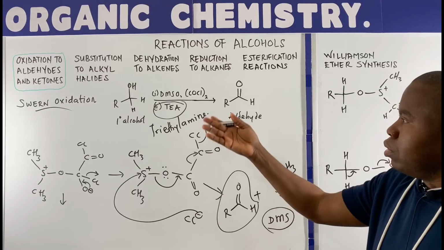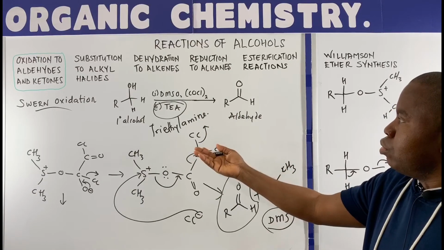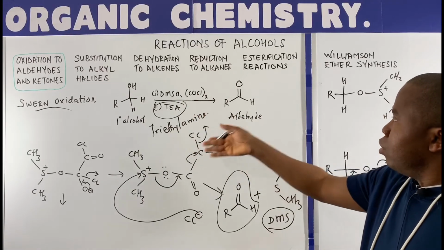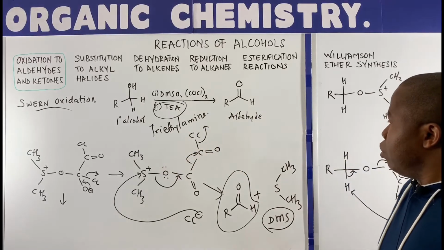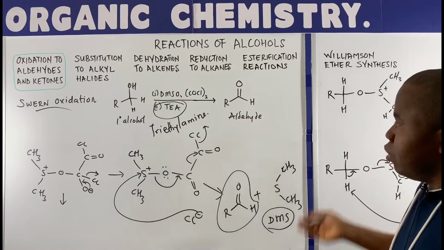So when we use Swern oxidation, we are also going to convert a primary alcohol to halide and also a secondary alcohol to a ketone. And this is just how it all happened.